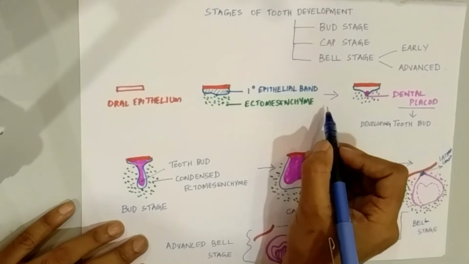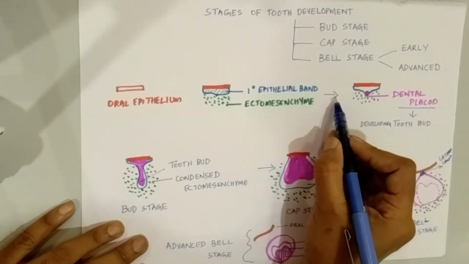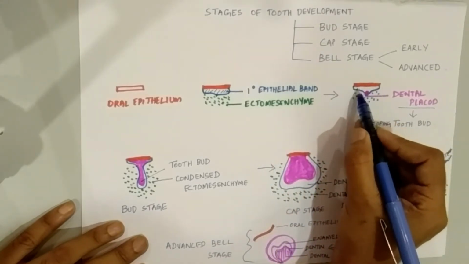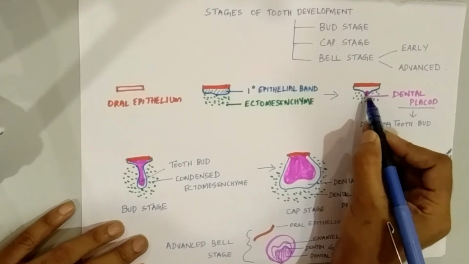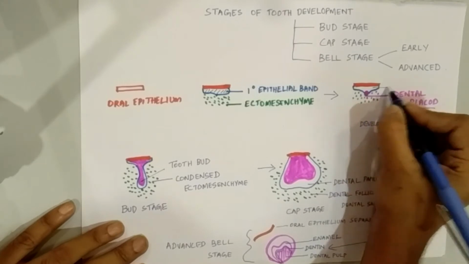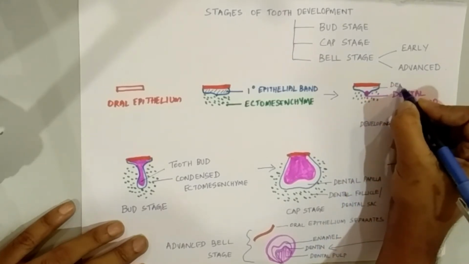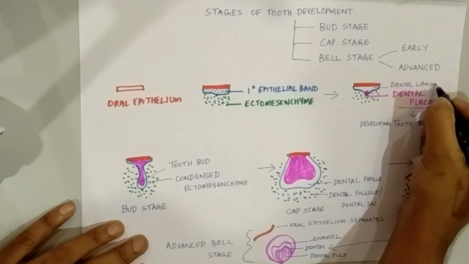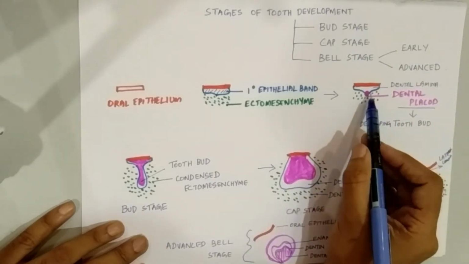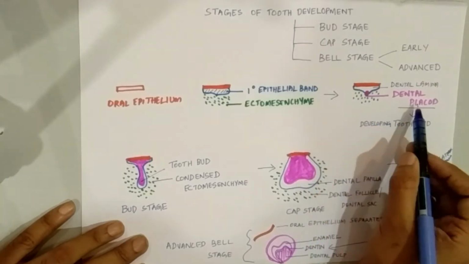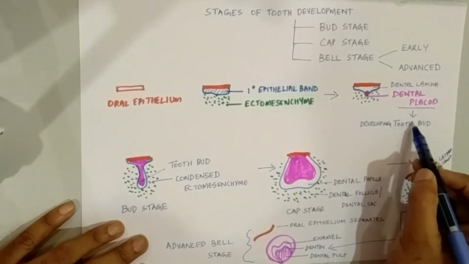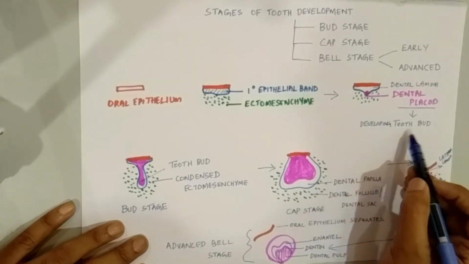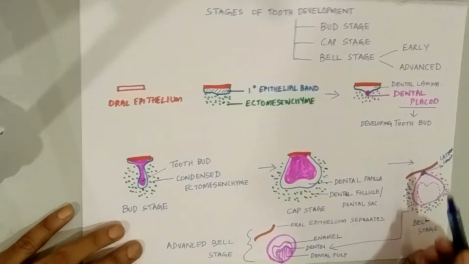The primary epithelial band proliferates to form the dental lamina, and at certain regions the cells form localized thickenings called the dental placodes. This dental placode is considered to be the future tooth bud or the developing tooth bud.